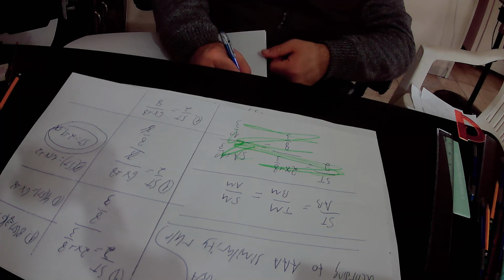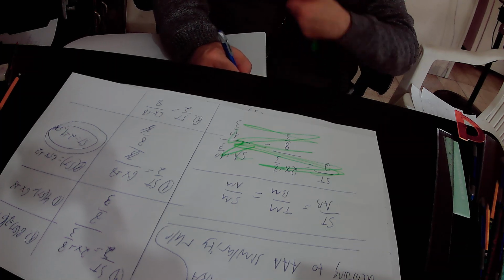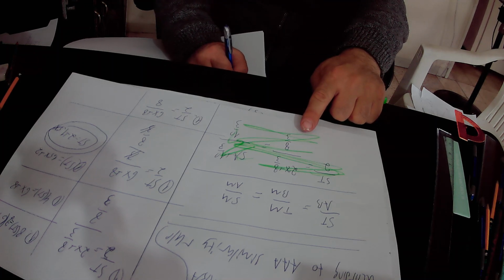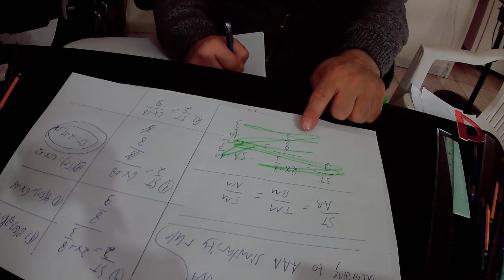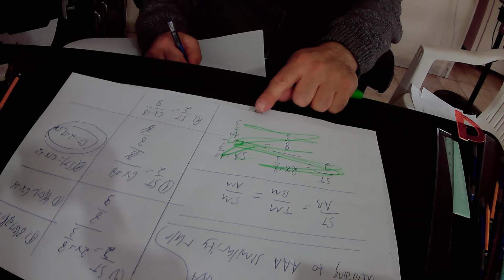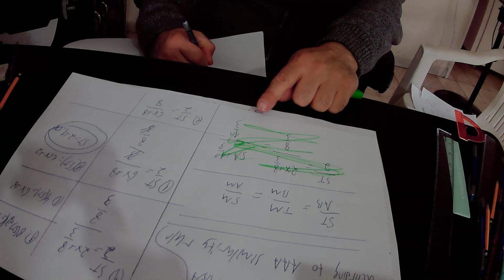So according to the second equation, we get that 2x plus 8 over 3 over 8 over 3 equals SA plus 10 over 3 over 10 over 3.